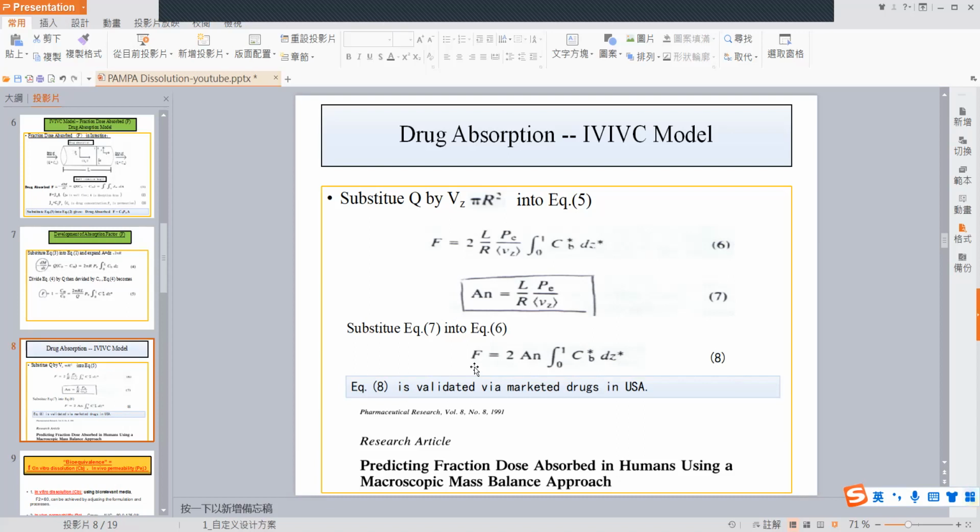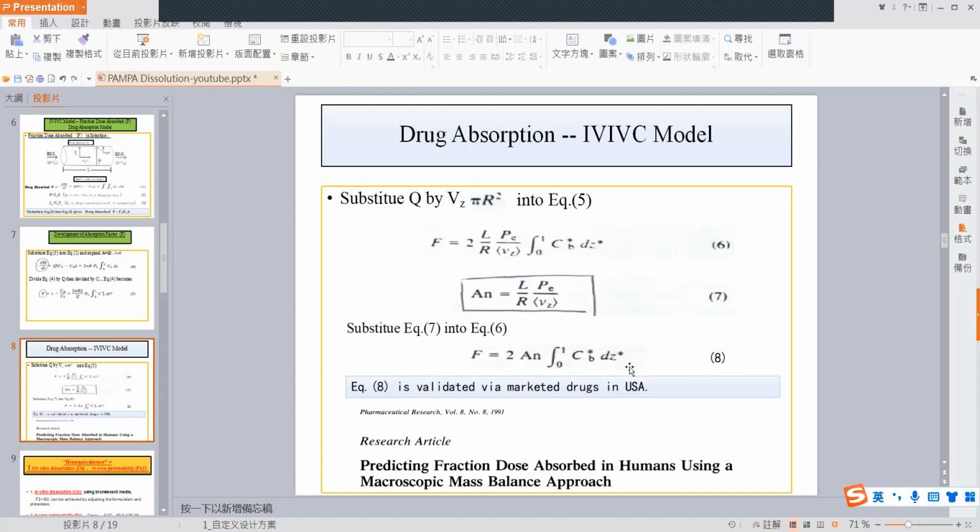Now, F is a variable that depends on PE, because the others are all constants. So from equation A, we know that there is only a simple algebraic relation between the drug absorption and PE, so that we can draw a line easily by this equation A. It's just like high school math, looks like y equal to x times a constant.